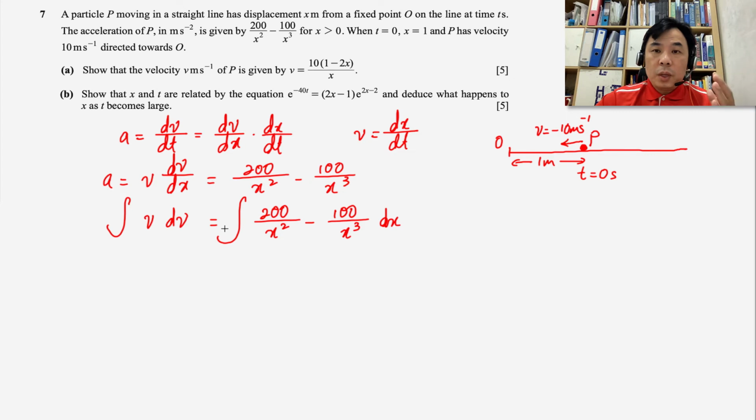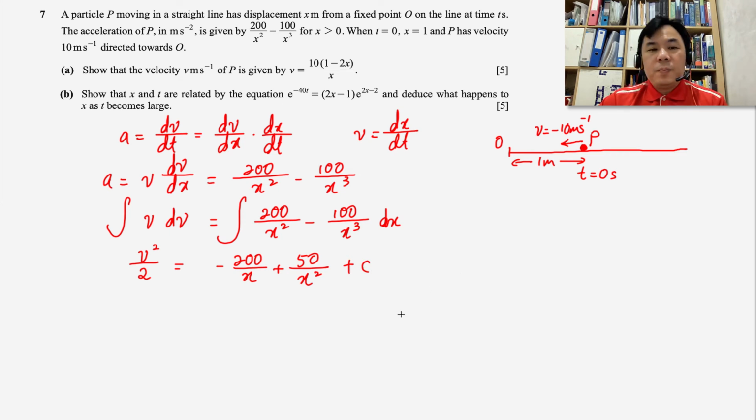And then don't forget, be very mindful when you do integration. Integration is increasing the index. That's where the I actually comes in. Integrate means increase. This is a reminder. And then next, this one also you have to be very mindful of: it is negative 200 over x plus 50 over x squared, plus a c. Don't forget that piece of cheesecake there, or completion.